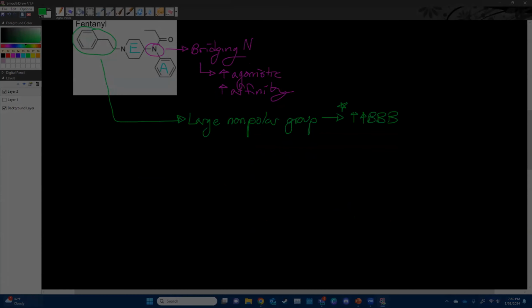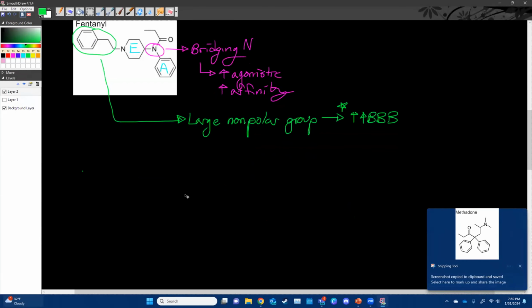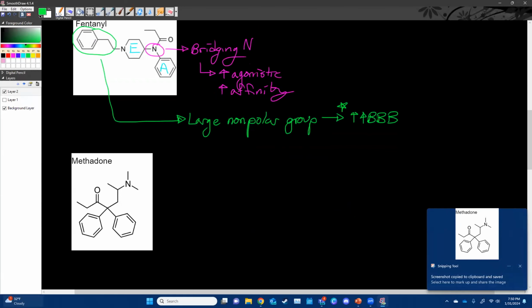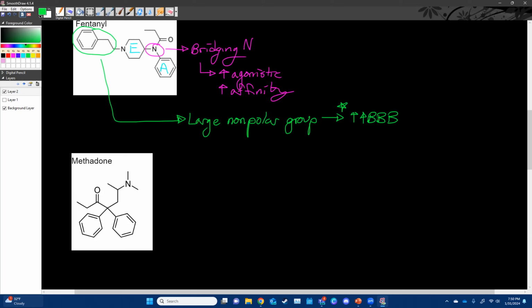Going along the same sort of idea is methadone. So that idea of having these big, bulky, nonpolar groups in order to get it into the brain is what methadone is relying on.